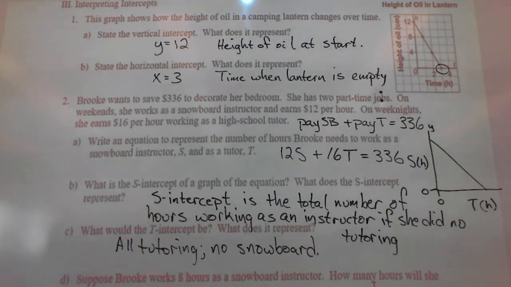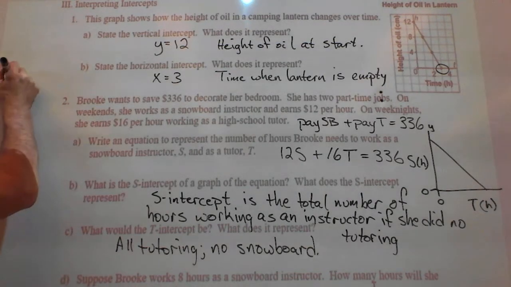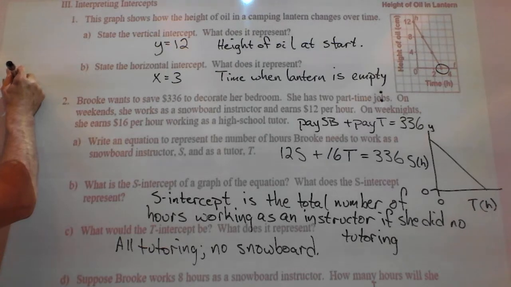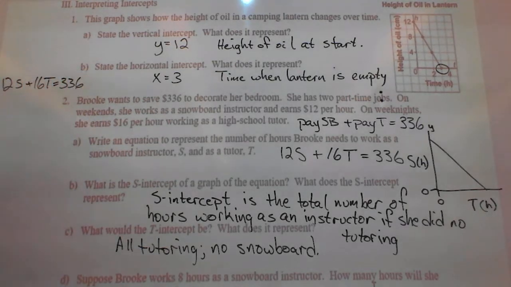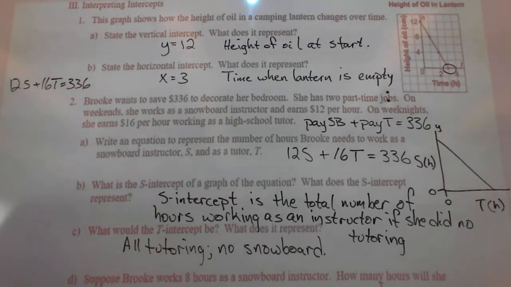Suppose Brooke works 8 hours as a snowboard instructor. How many hours will she need to work as a tutor? Well, this is where we go back to our equation. So our equation is 12s plus 16t equals 336. It says she works 8 hours as a snowboard instructor.